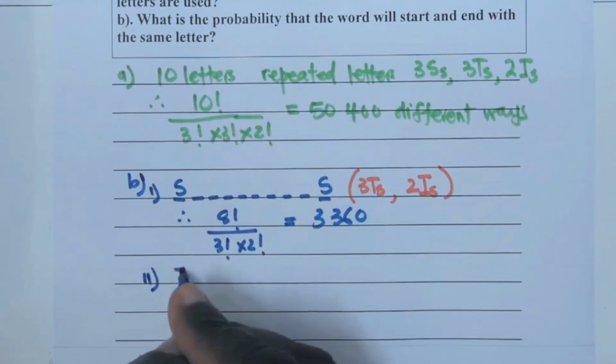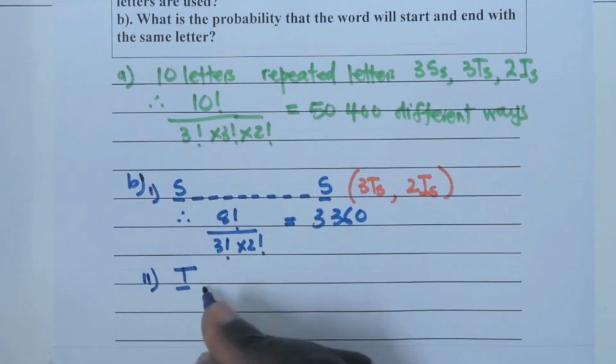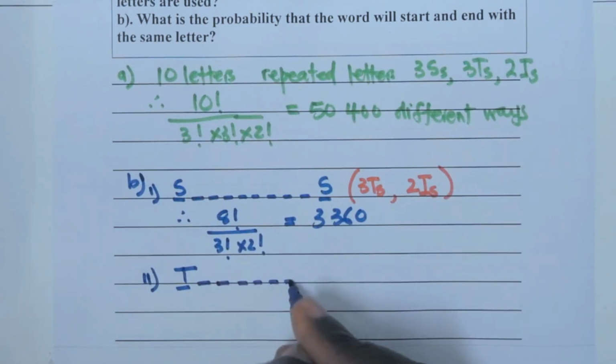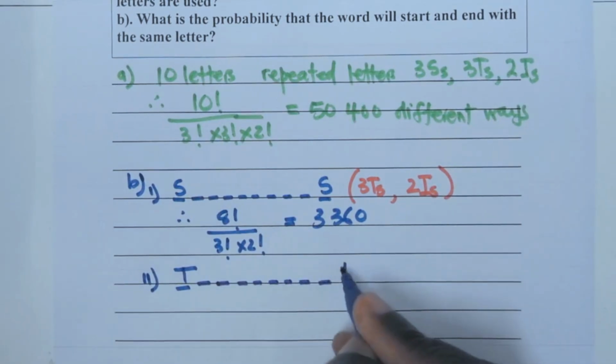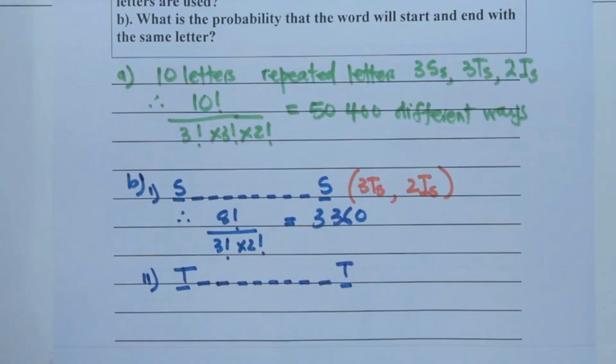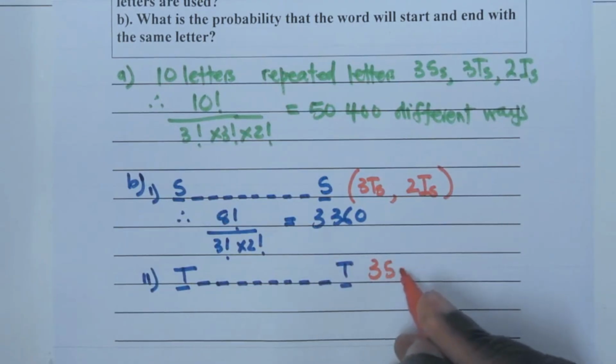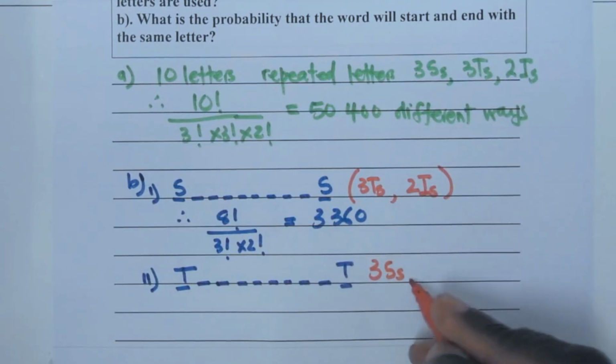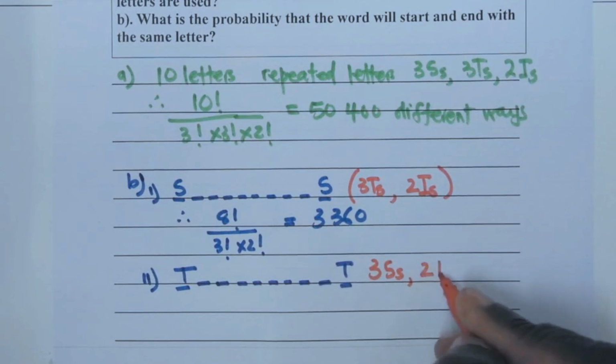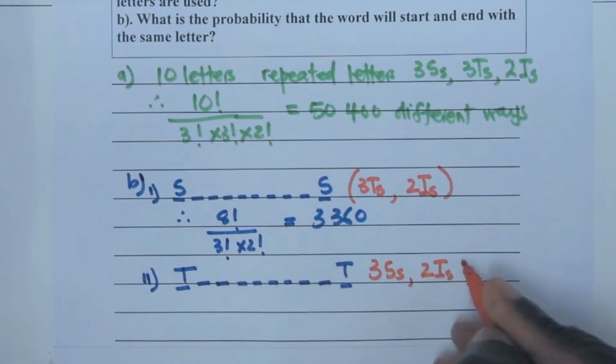If I look at the second option, if we start with a T, we are going to have 8 positions inside, and then we are going to end with the letter T. And again, if we check for the repetitions, we are going to see that we've got 3 S's and 2 I's here.